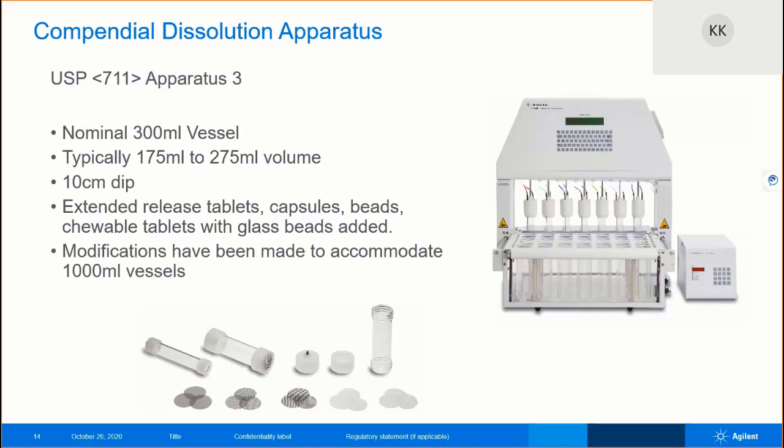You have extended release tablets, capsules, beads, chewable tablets with glass beads. You can even use that to mimic a kind of chewing motion there, right? And modifications have been made to the instrument, so you can go up to even a 1 liter vessel in that system. Now, your dosage form would be contained in one of these glass cylinders, and normally you would have a mesh at the top and the bottom of that cylinder, so your dosage form doesn't fall out of that cylinder.